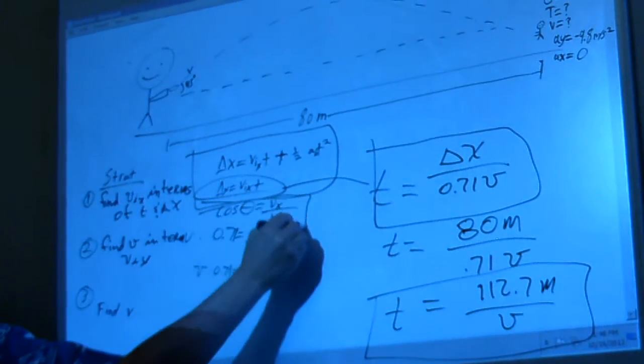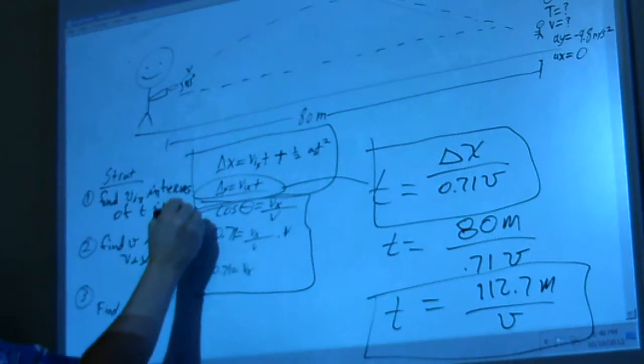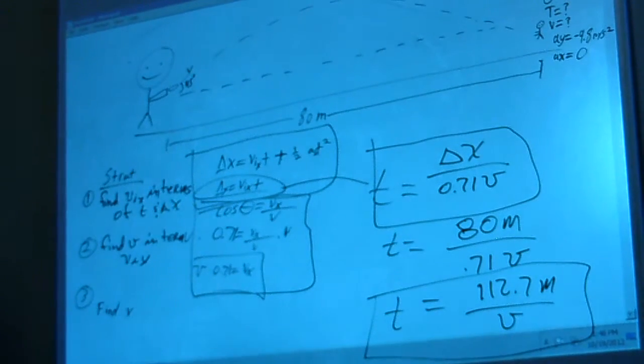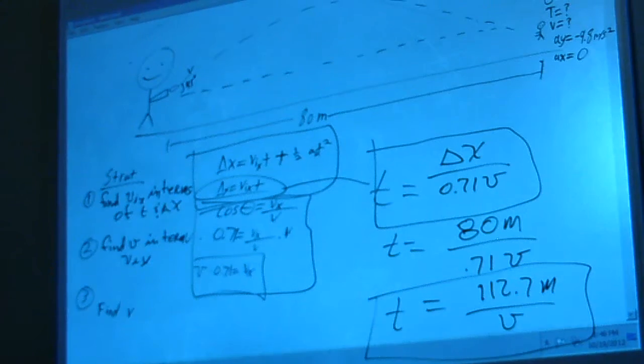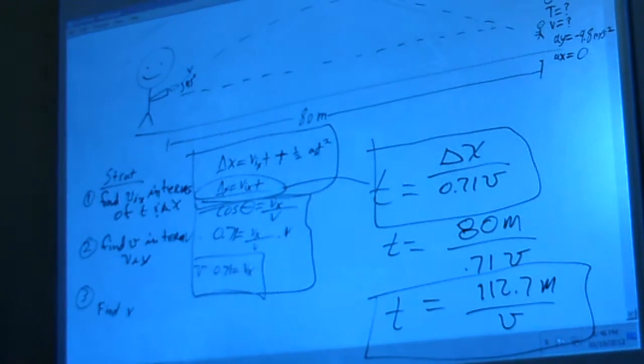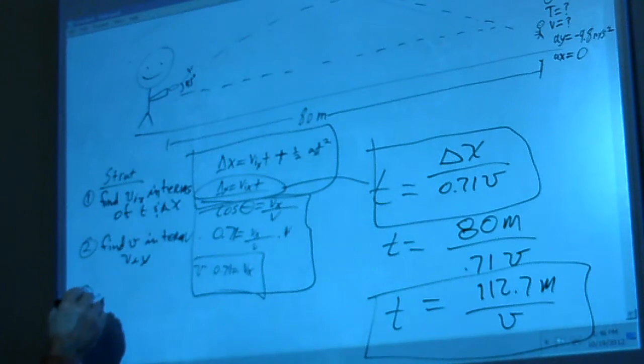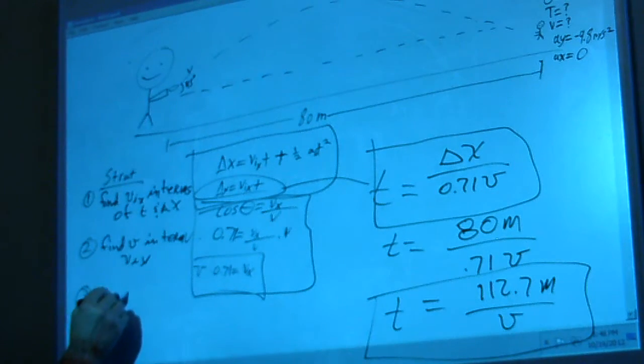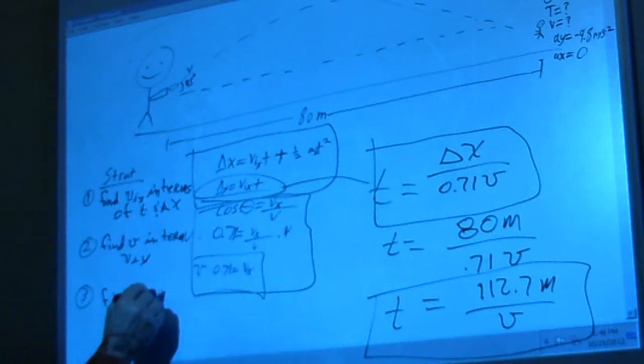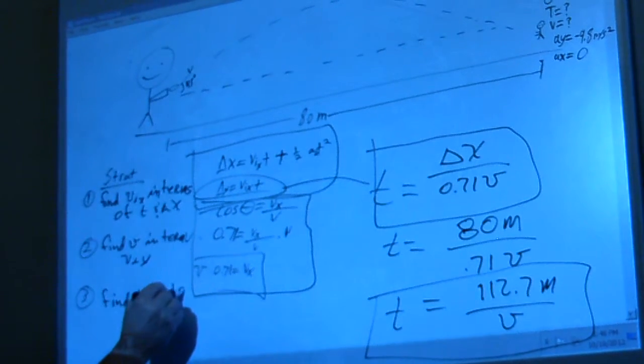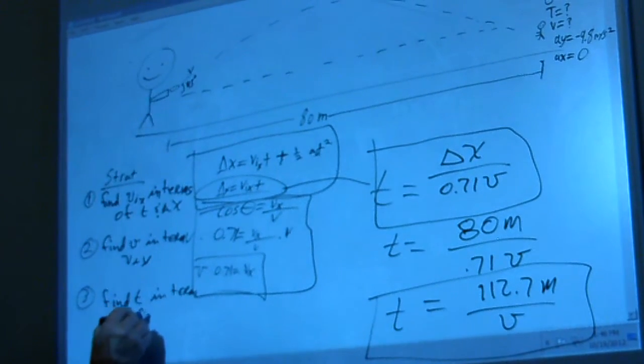That's this, right? Our answer. Find t. That's why I was saying I'm not sure how many steps we're going to have to use, but find t in terms of v.